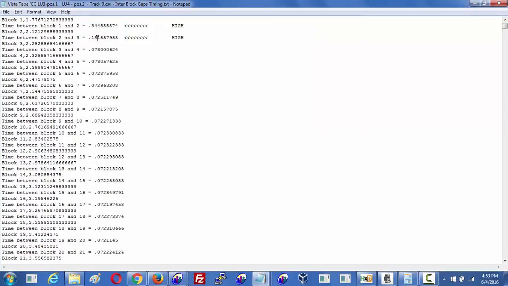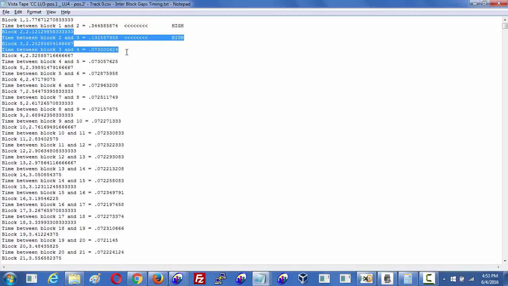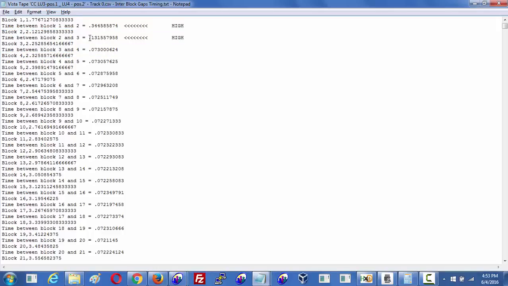Okay, and likewise, the gap between the file mark and the beginning of the first block of the next file is also high. Now, that's probably because we're not actually measuring the distance from the end of one block to the end of another. That's how we measure this.